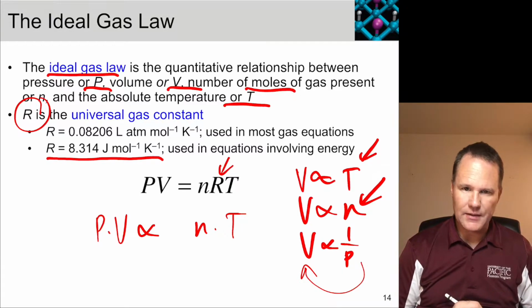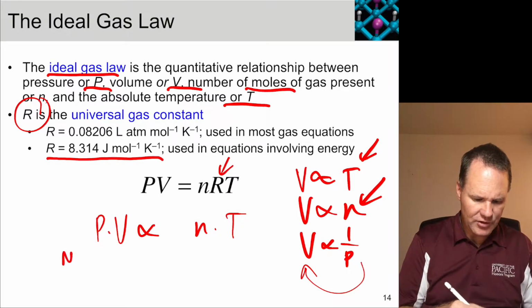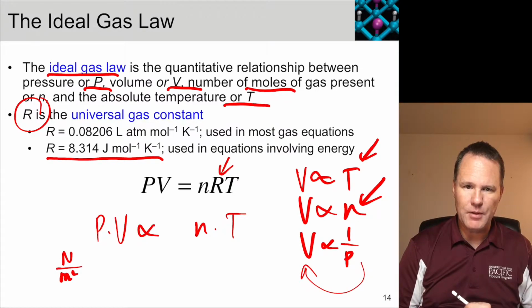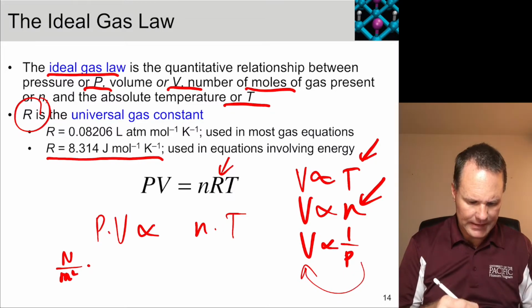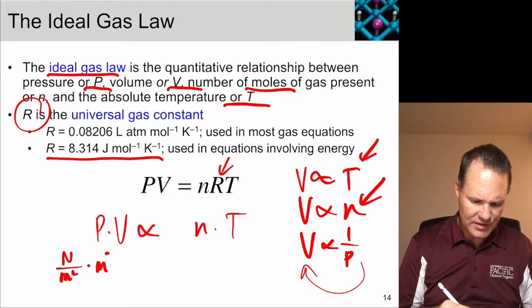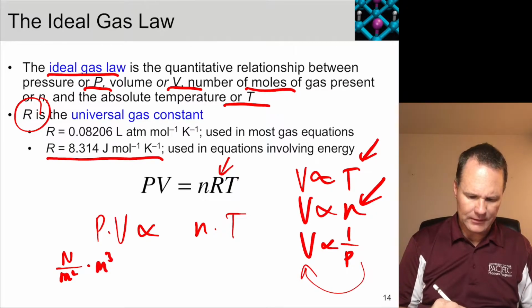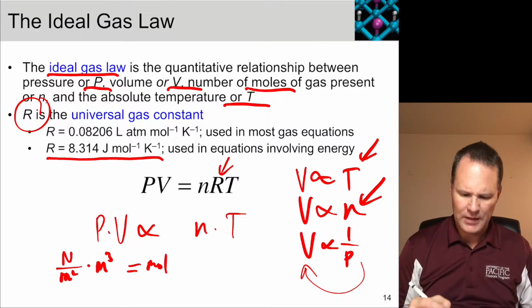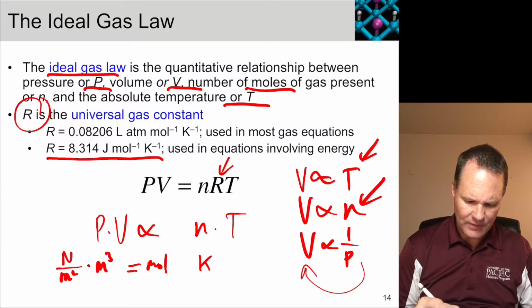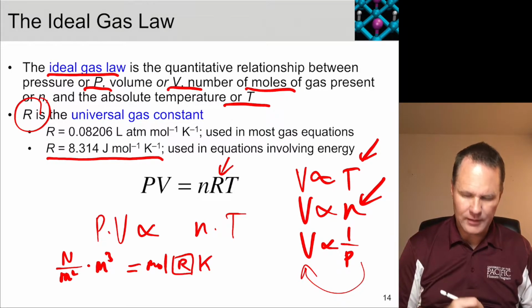So let's start out with putting in the pressure, and then pressure was, of course, Newton over square meter, right? Remember, because it's force over area. Then I multiply it with volume, which is cubic meter, right? And then on the right hand side I have moles, that's the unit for mole, right? And I have Kelvin, right? And then I have here that R that I'm looking for.